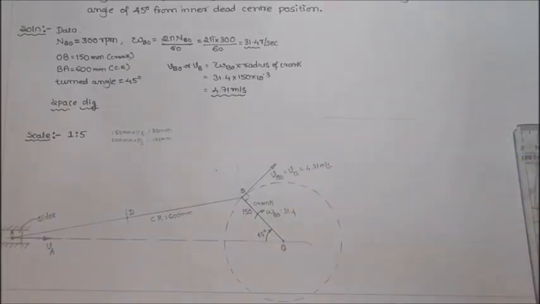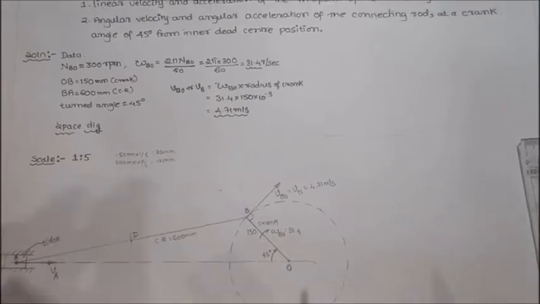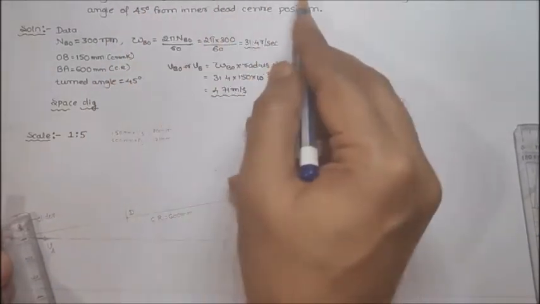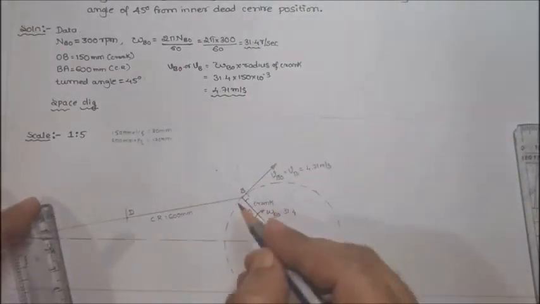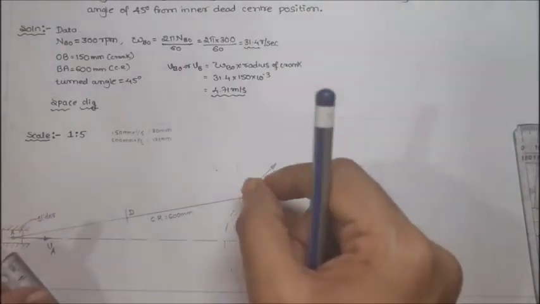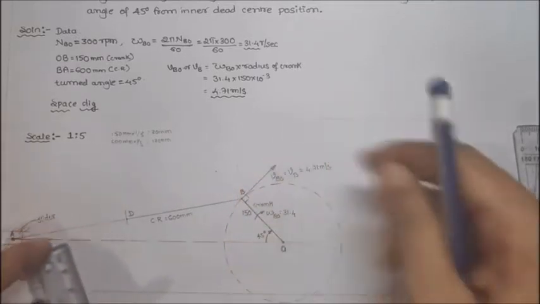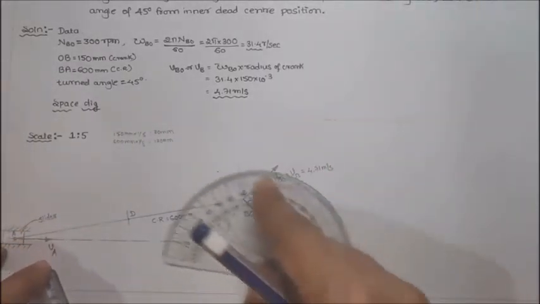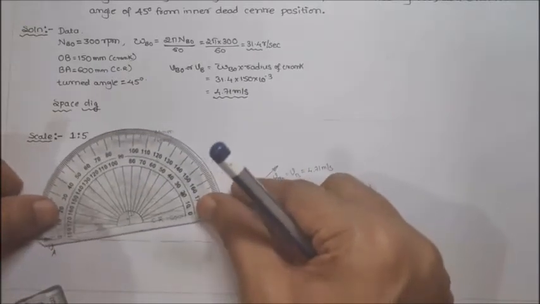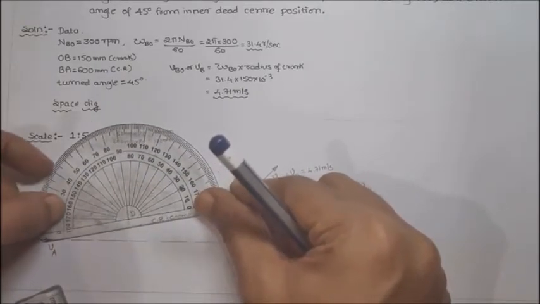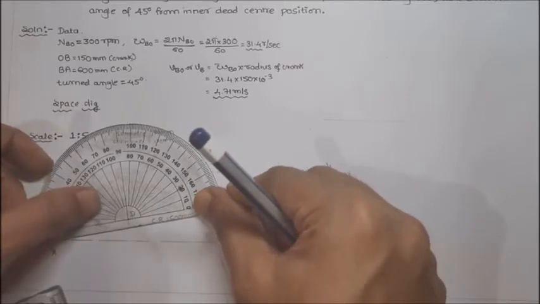Next we have to find out the linear velocity at the midpoint of the connecting rod, where it will be acting. So keeping this point fixed, it will be acting here. For this, again we have to measure 90 degrees. But we don't know its magnitude, neither do we know its direction.